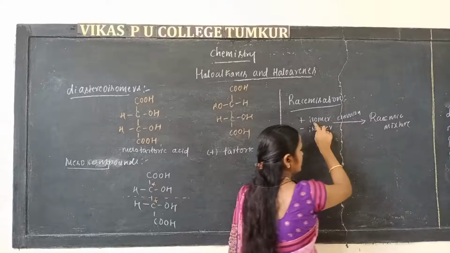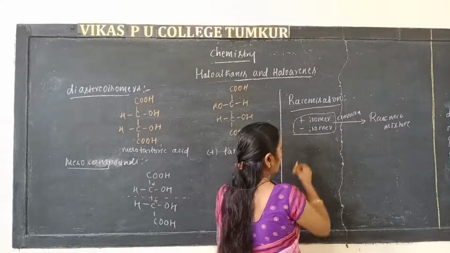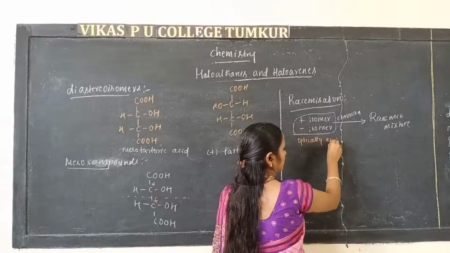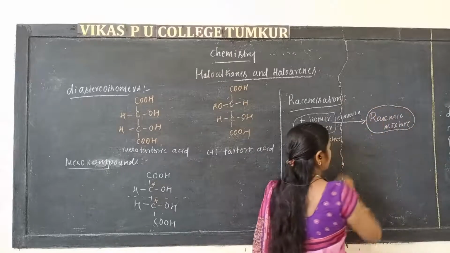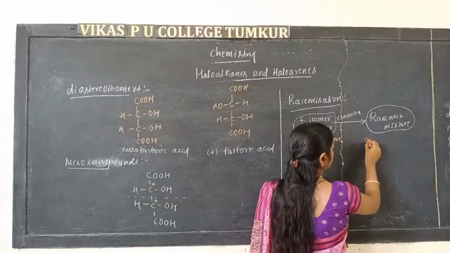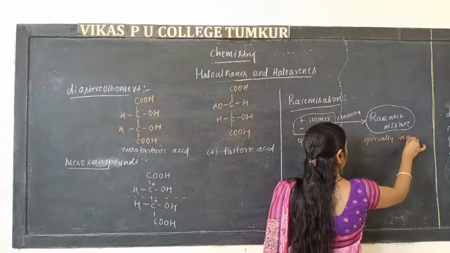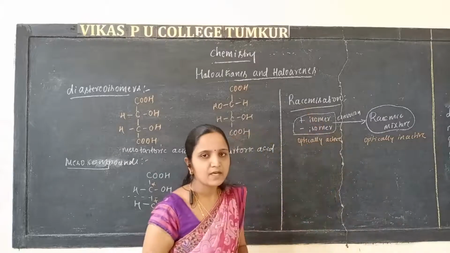Here these are optically active, but these are optically inactive. This process we call racemization.